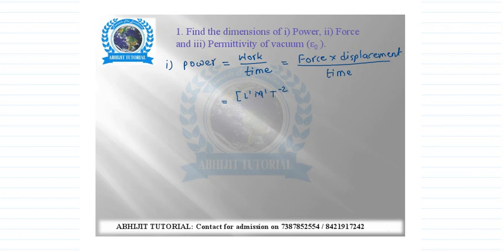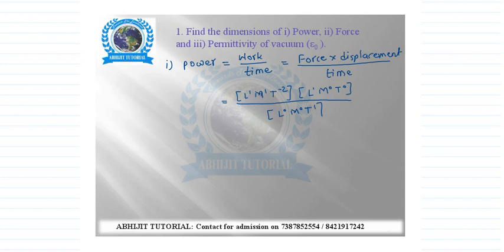For displacement, it is just a length, so we can write it as L1, M0, and T0. And for the denominator we have time, for which we write L0, M0, and T1.